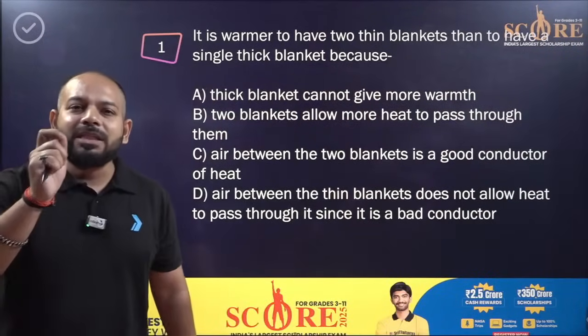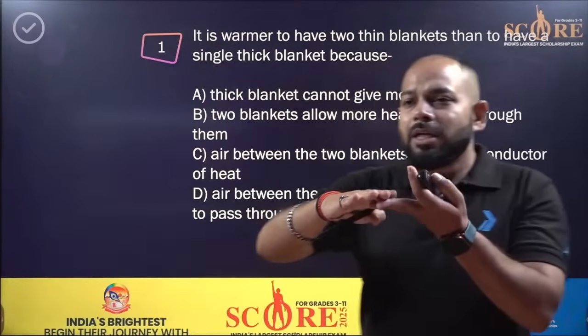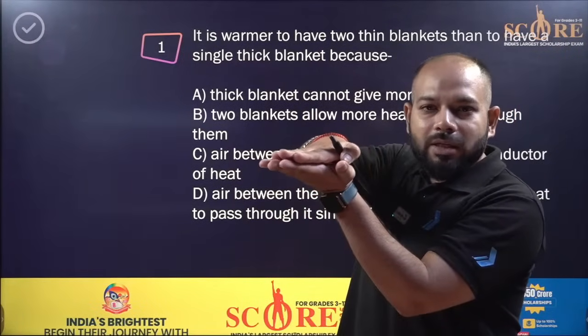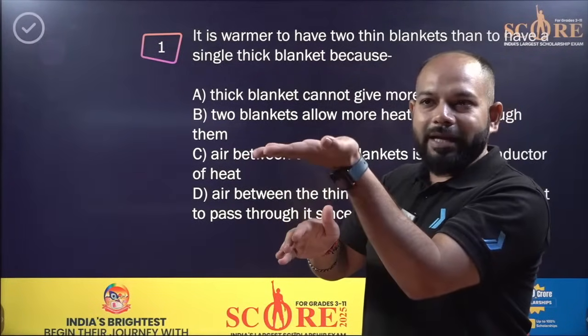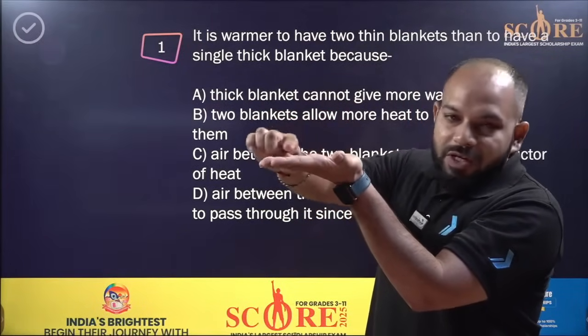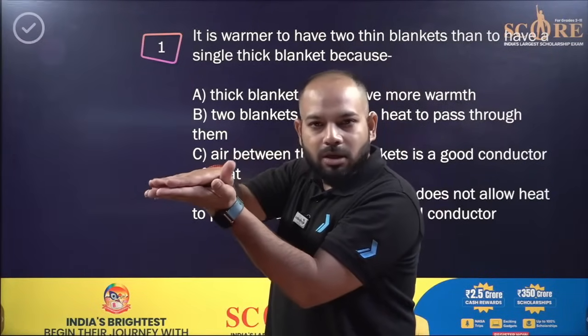But if we put even a thin blanket over it, it forms one more layer. If one blanket is like this and another blanket is like this, the air between those two blankets gets trapped. Got it?